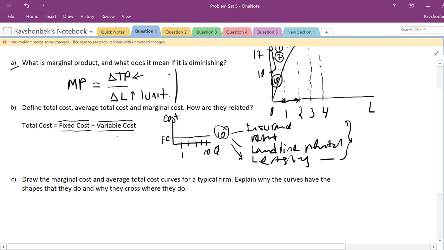But with variable cost, it's a different story, because variable costs of raw materials increase as you produce. The total variable cost goes like this, it increases all the time. Now that's done. Average total cost is basically total cost over output. It's just the cost per unit.